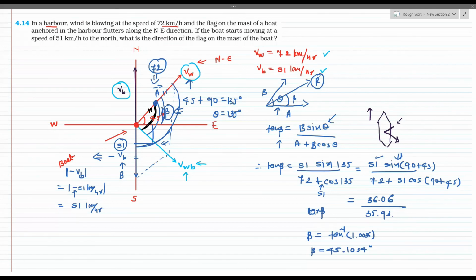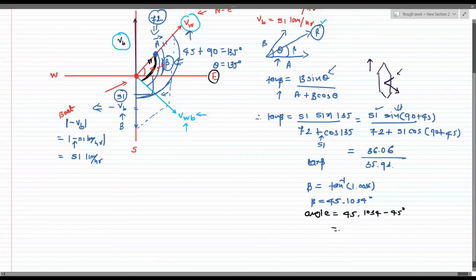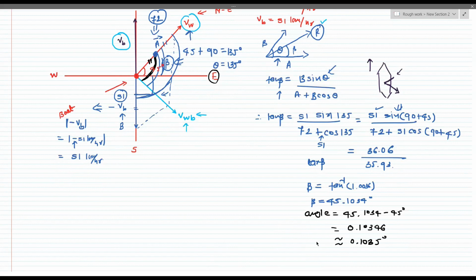So if you check the angle with the east direction, I mean how much angle this flag will make with the east direction, simply it is 45.1034 minus 45 degrees, which is 0.1034, say 0.1035 degrees. This much only the flag will be affected, right? Thank you guys.